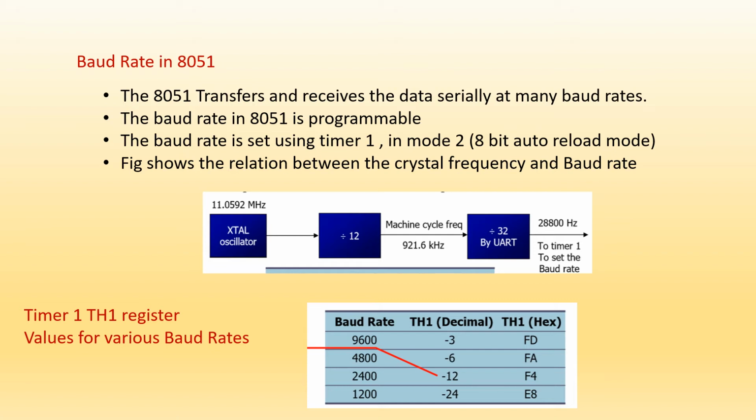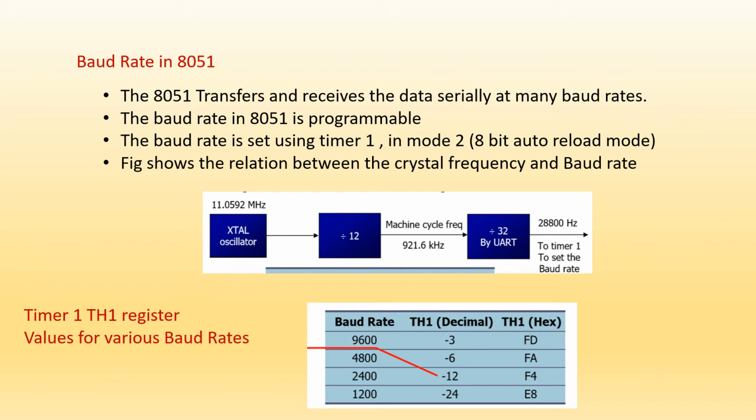In mode 2, we know that the initial value has to be loaded in the TH1 register. So the initial count value is given to the TH1 register. Whenever the timer is turned on using the SETB instruction, the initial value in the TH1 register is copied to the TL1 register, and TL1 starts incrementing.